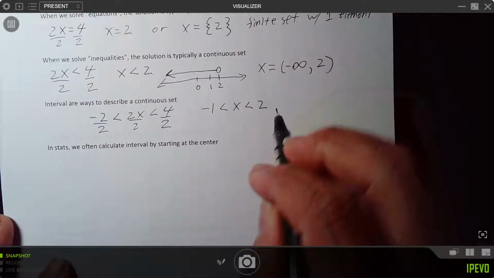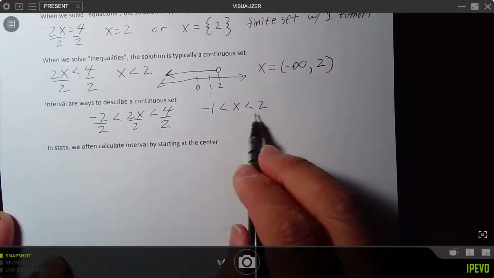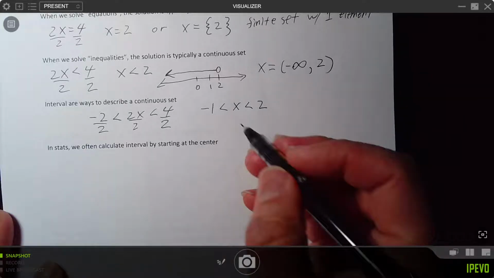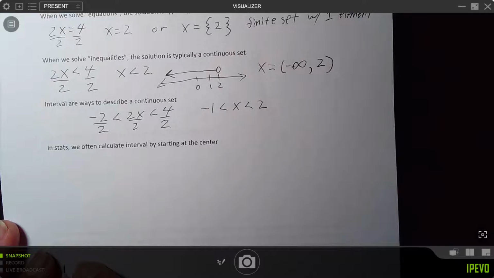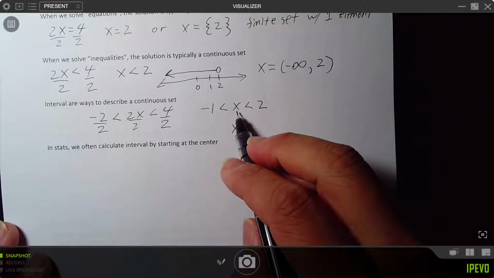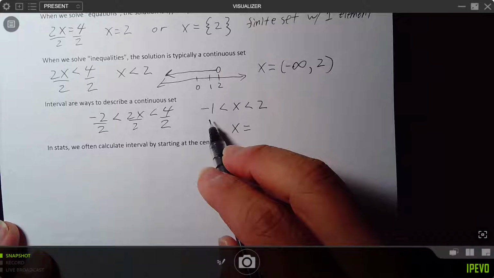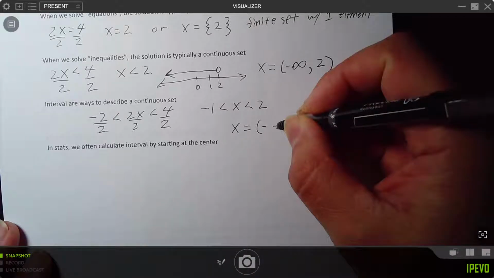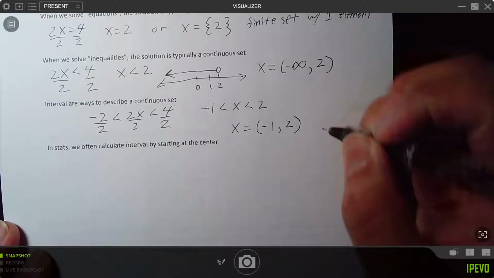That tells me that x is between negative 1 and 2. This is a perfectly acceptable answer, and it describes a set. But if I want to write it in set notation, I want to express that x, my solution, is between negative 1 and 2. I will just put it in parentheses: negative 1, comma 2. Like so.